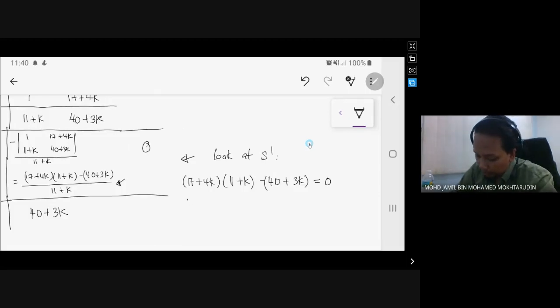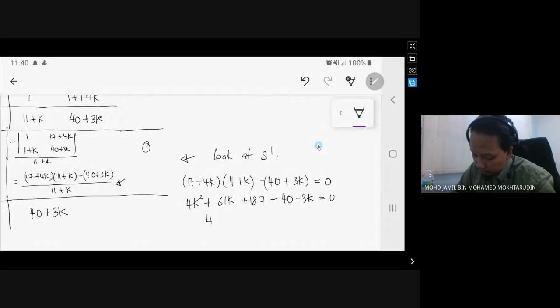So you get 4k square plus 17 times 11, 61k, minus 40 minus 3k.